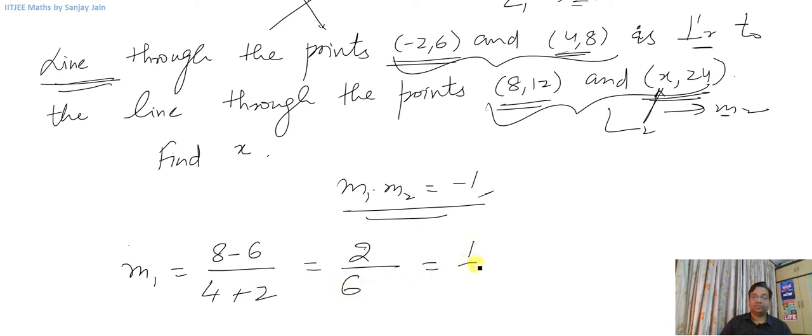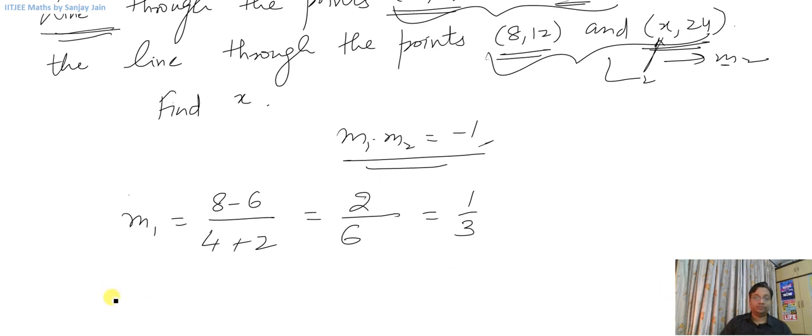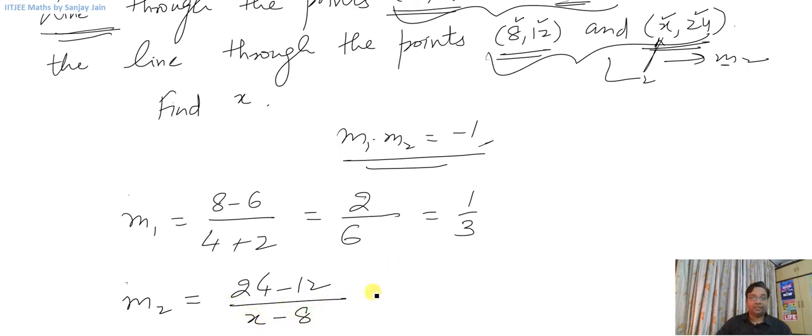So m1 is equal to 1 by 3, and m2 is equal to 24 minus 12, that is y2 minus y1, divided by x minus 8, right? Now these two slopes are of perpendicular lines, so their product should be equal to minus 1.